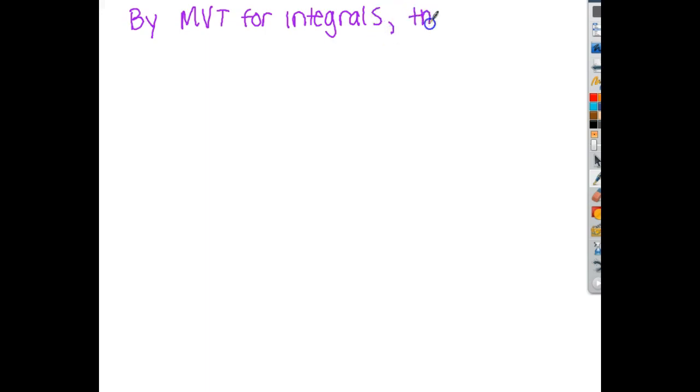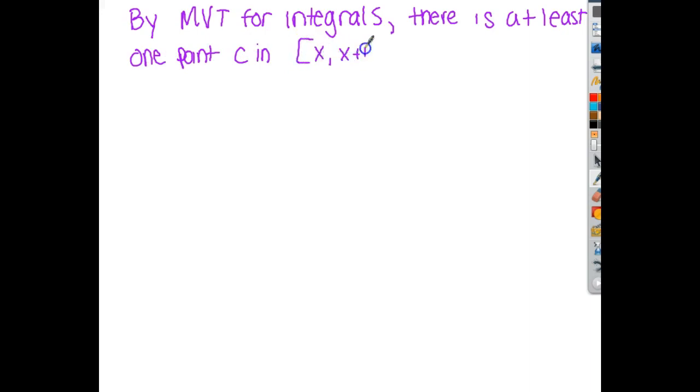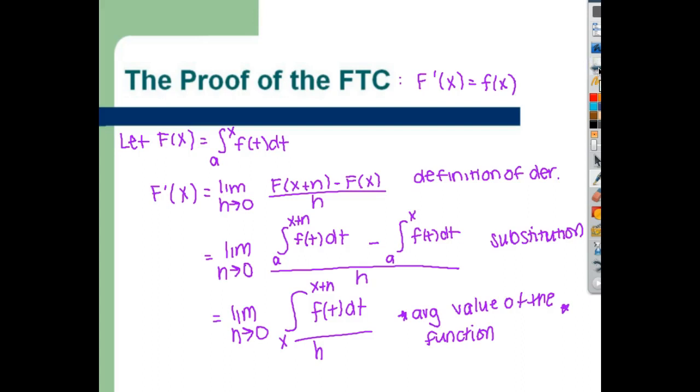Well, we're told there exists at least one point c in that closed interval such that this limit now equals f of c.